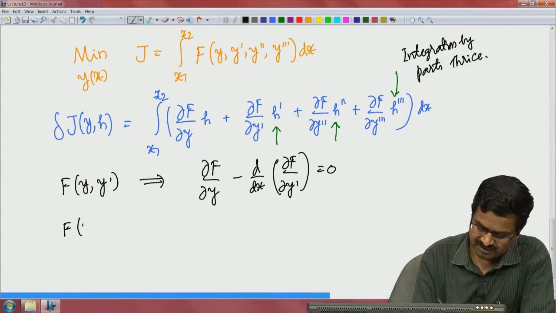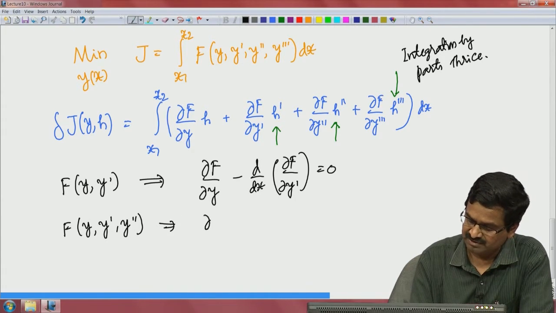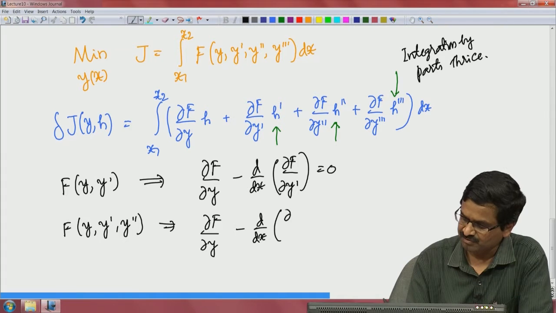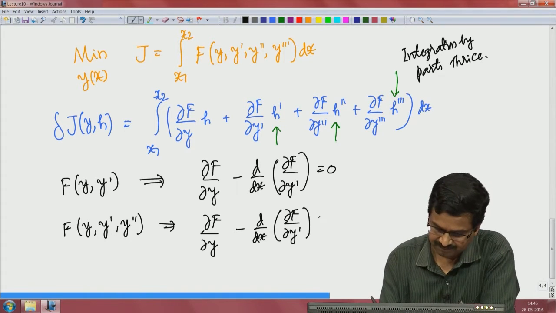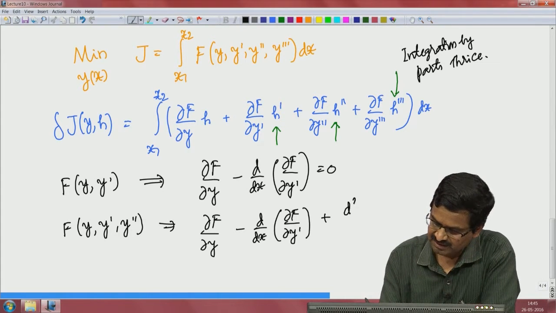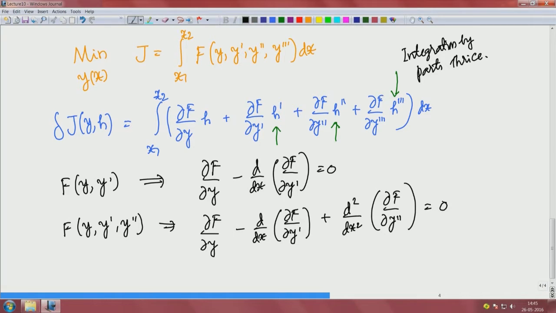Similarly, if I had integrand y, y prime and y double prime, that gave us dou f by dou y minus d by dx of dou f by dou y prime plus d square by dx square of dou f by dou y double prime equal to 0.